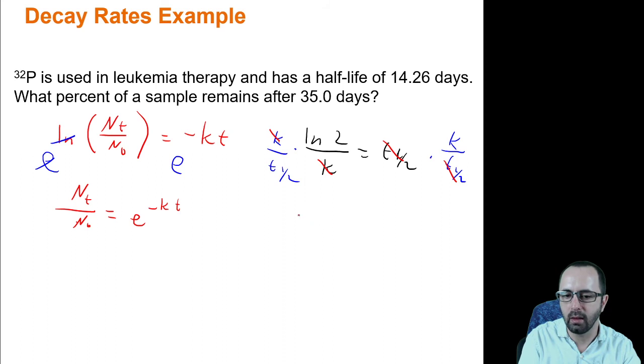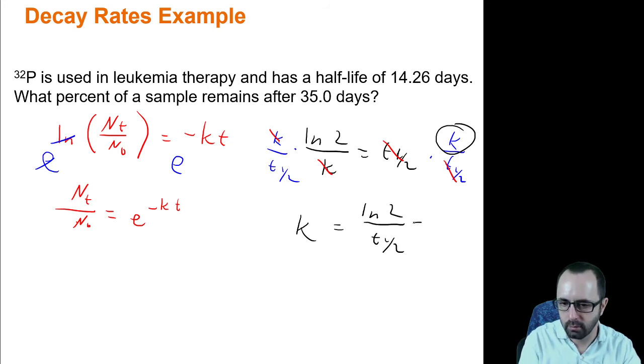And we'll get that k equals the natural log of 2 over the half-life. And so this is going to be the natural log of 2 over 14.26 days.